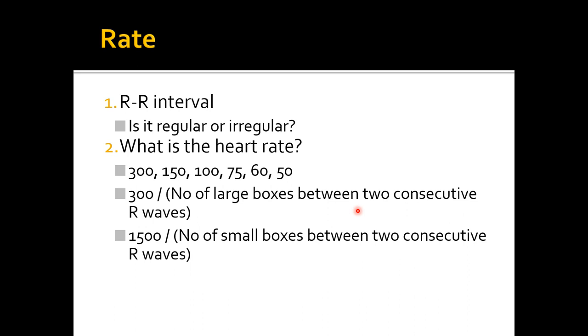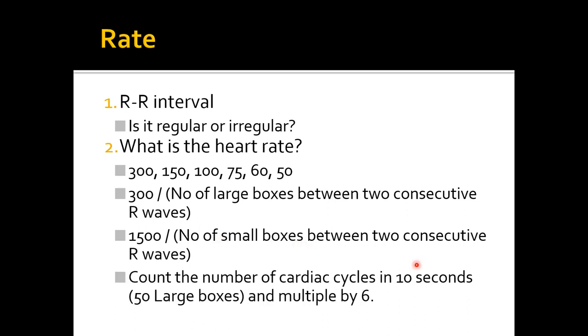In order to calculate the rate of the heart, you divide 300 by the number of large boxes between 2 consecutive R waves. There is another formula: you divide 1500 by the number of small boxes between 2 consecutive R waves. Or there is the third formula, which is used for irregular heartbeats.